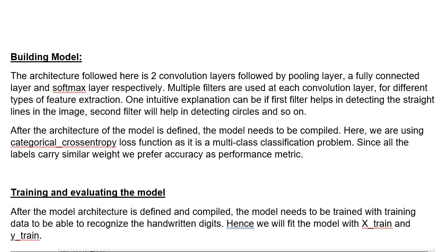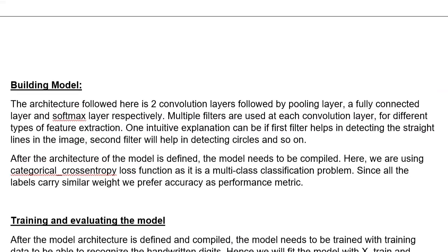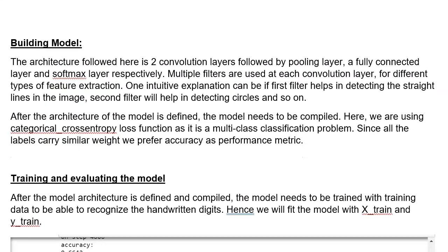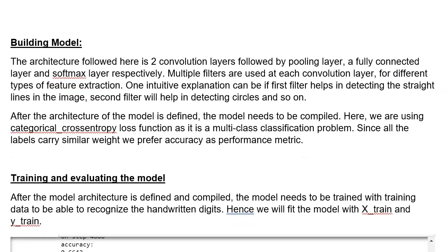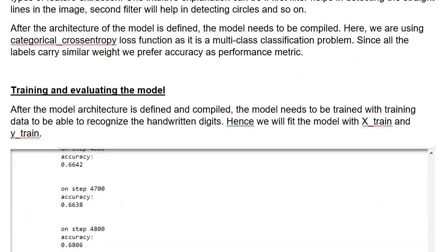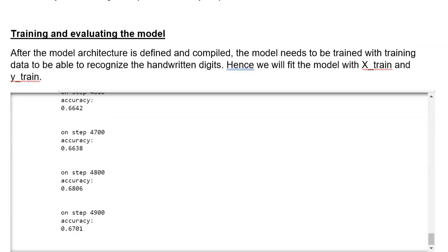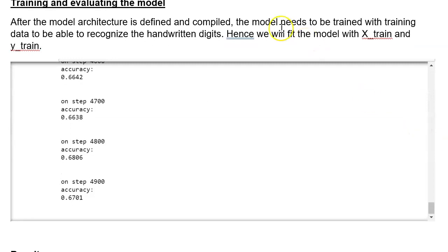Building the model, we are capturing it in two separate parts, as ReLU functionality and softmax are being used, and we are using the categorical cross entropy for the multi-class classification problem, since everything carries the same weight and the structure is going to be the same. Training and evaluating the model, we see this was the first model.